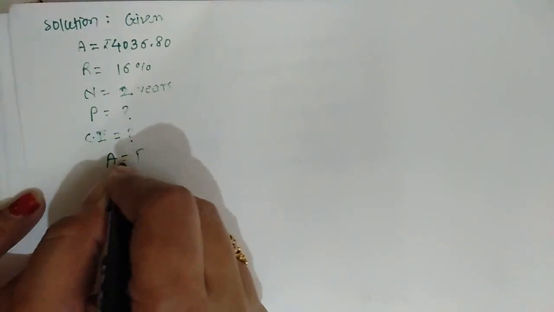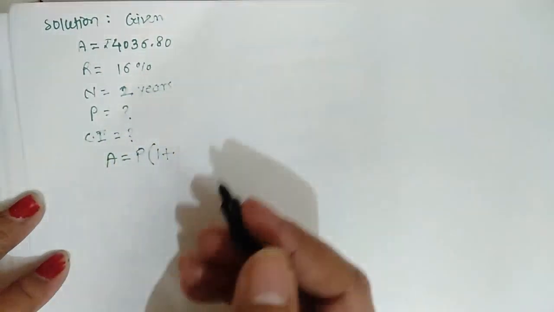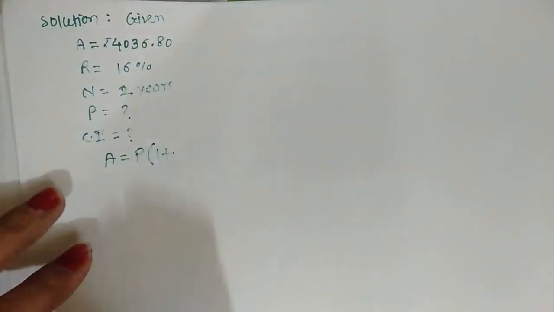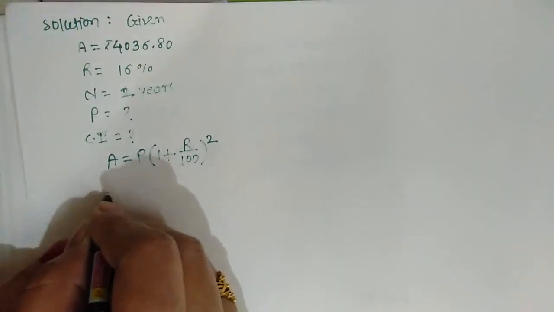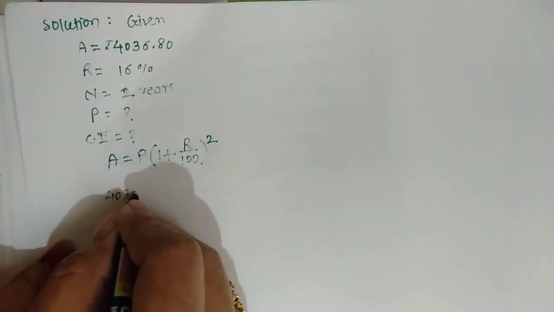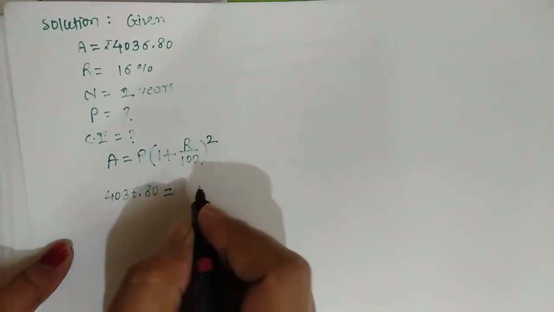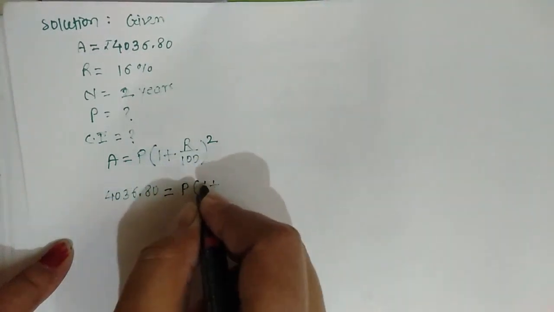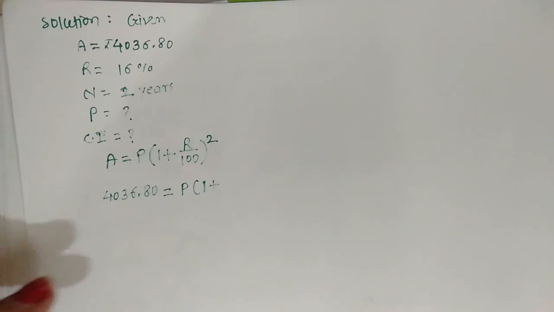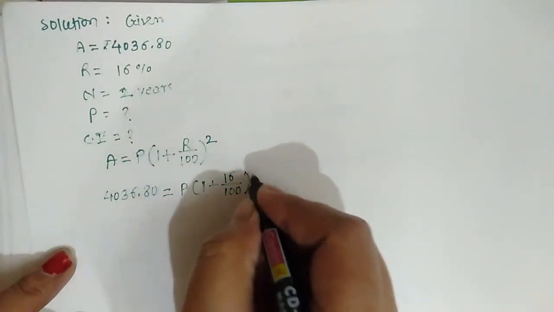A is equal to P into 1 plus R upon 100 raised to 2. So put up the values here. 4,036.80 equal to P as it is 1 plus 16 upon 100 raised to 2.